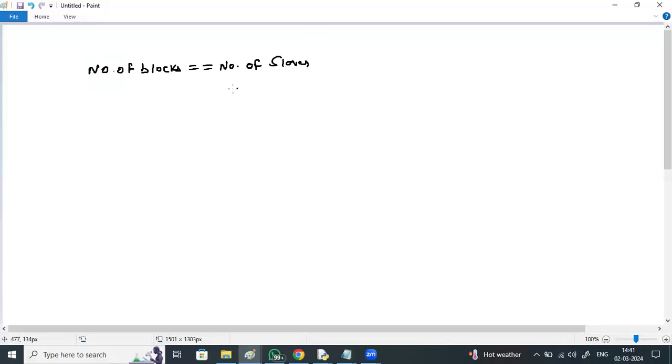If the number of blocks equal to number of slaves, assume that 3 blocks, 3 slaves, 3 systems: B1, B2, and B3, and S1, S2, and S3.